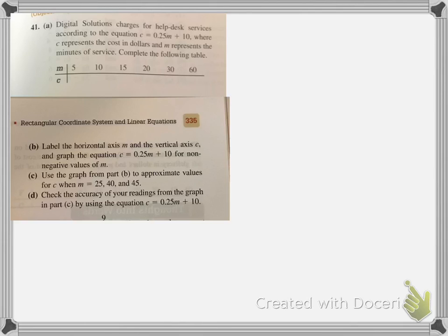So you are going to plug that 5 in for M. So you're going to do 0.25 times 5 plus 10. Then for 10 minutes, you're going to do 0.25 times 10 plus 10. 15 minutes. 0.25 times 15 plus 10. And you can use your phones for this. So I'm going to give you about 3 minutes to fill out this chart.